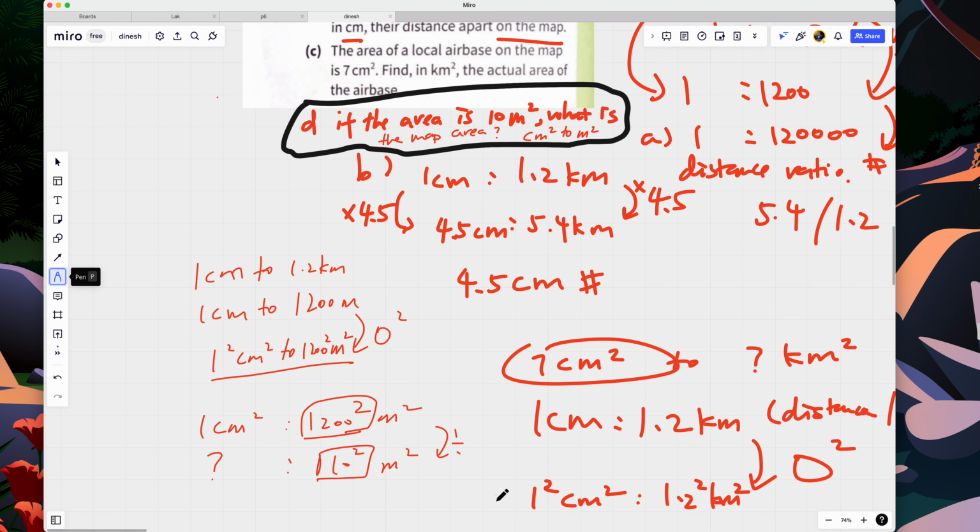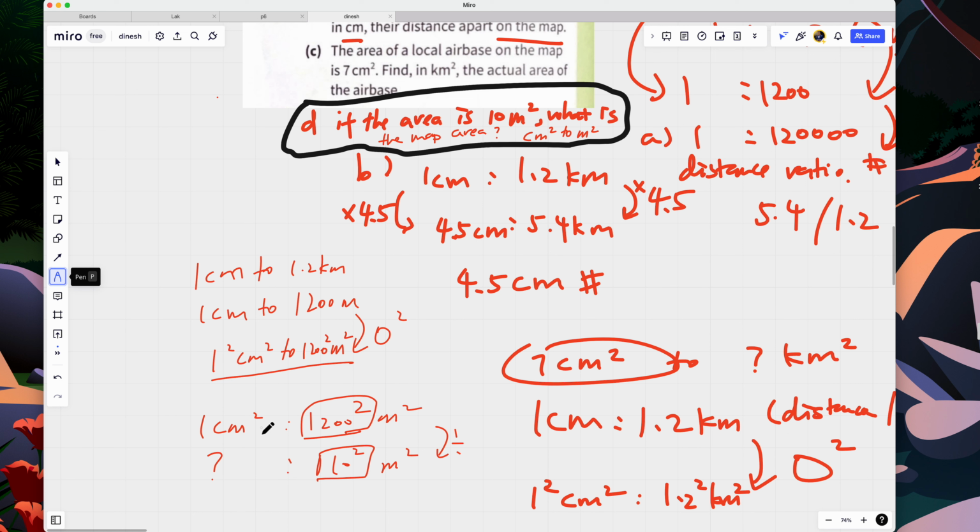Can you see the square above? I boxed the square also. Did I box 1200 square or just 1200? 1,200 square. Exactly.